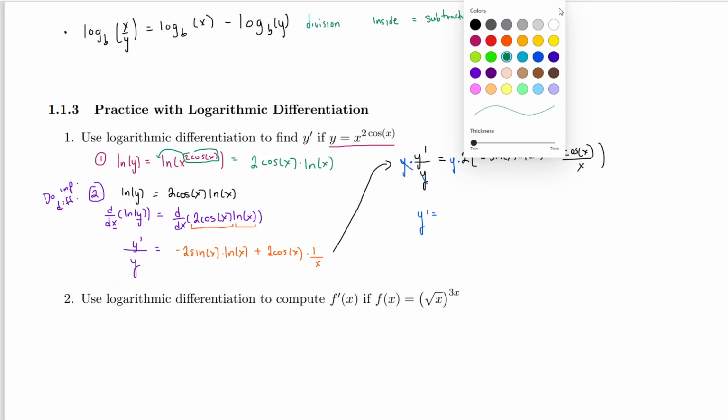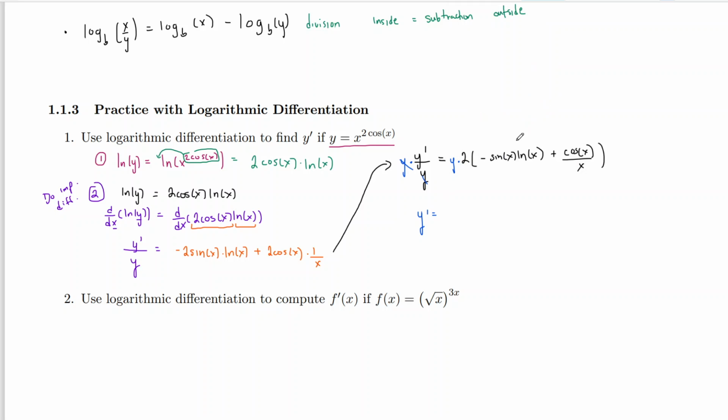Well, now we can just plug in what y is, because we do want a formula with just x in here. We started with y equals, so we know our derivative formula should have just x. If you plug in what y is, x to the 2 cosine of x, then we can just write out the rest: 2 times negative sine of x times the natural log of x plus cosine of x over x. Close that parentheses, and then we're done.